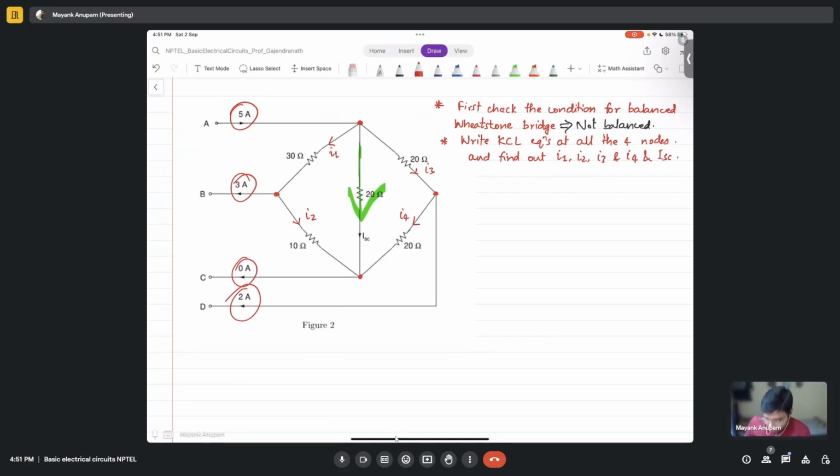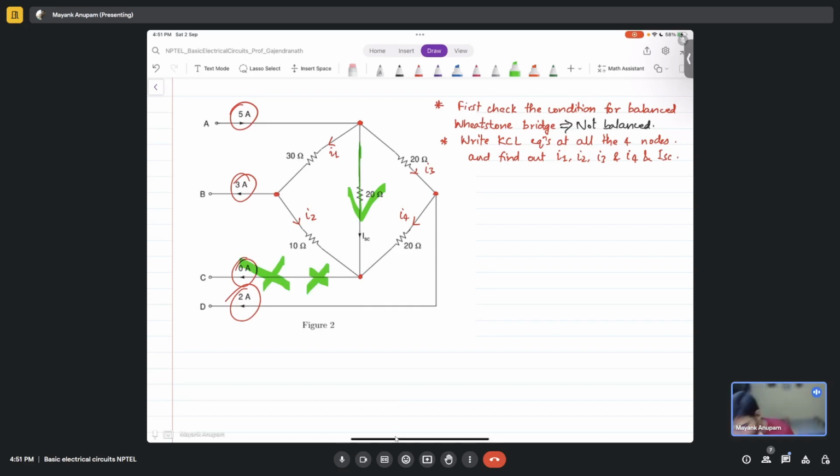Any other way? Yeah, go on. Remove that 0 ampere. Yeah, correct. 0 ampere is as good as nothing. Just remove this. It is like we have not connected anything here. Fine. So that is taken care of.